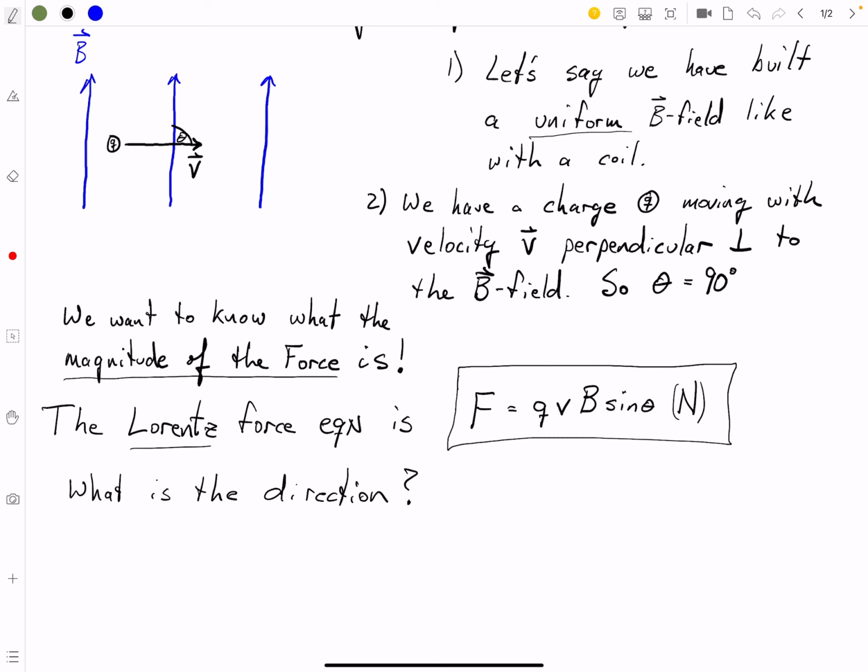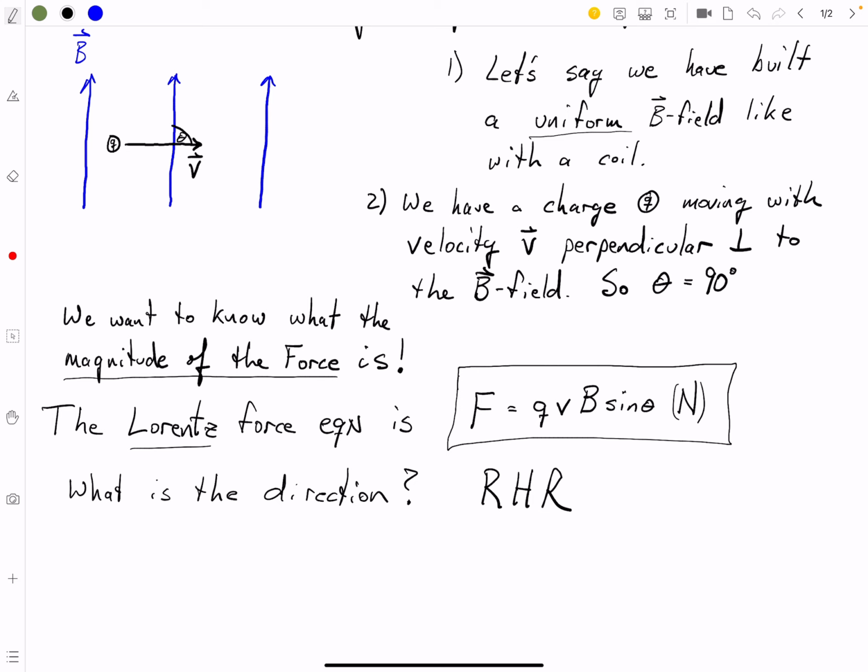What is the direction that the force is pointing? So here's how we do it. Of course, we use the right-hand rule. We're going to take that rule by placing our fingers along B. I have to read.